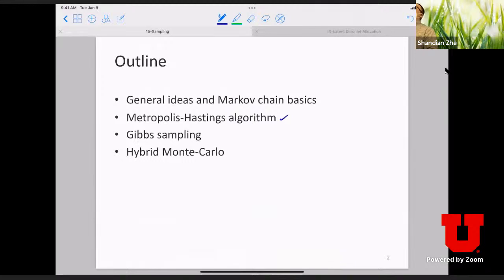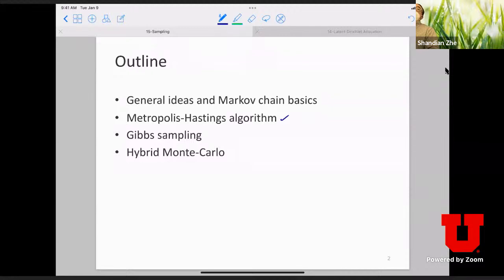We can view it as the foundation of MCMC algorithms. Nearly all kinds of MCMC algorithms can be viewed as variants of Metropolis-Hastings. Of course, the naive Metropolis-Hastings can be quite stupid, honestly, and it's very inefficient.